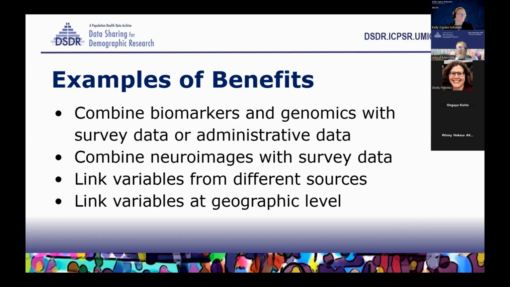They want to combine neuroimages with survey data, link variables from different sources, and of course, link variables at a geographic level. This is a big area for us where people want to be able to link in environmental information at the county level, or at a tract level or whatever level, at a country level or at a state level, depending on your perspective, where you're able to link in information about the geographic area.